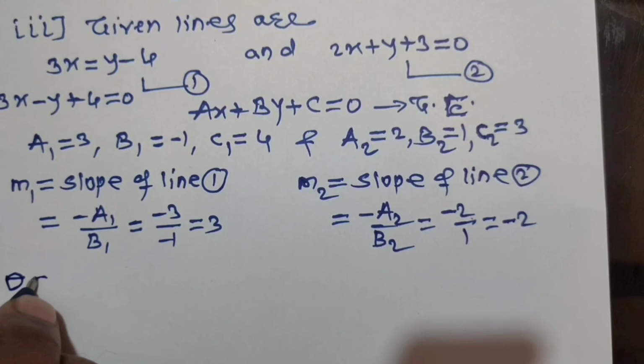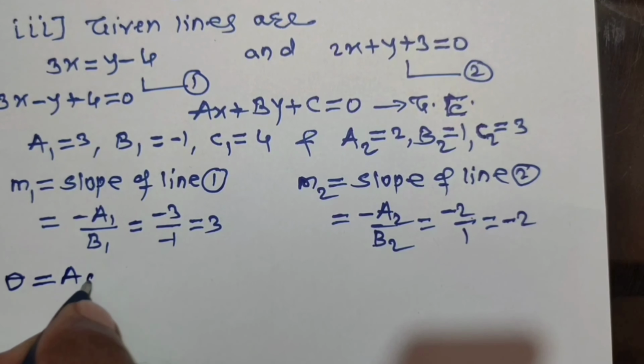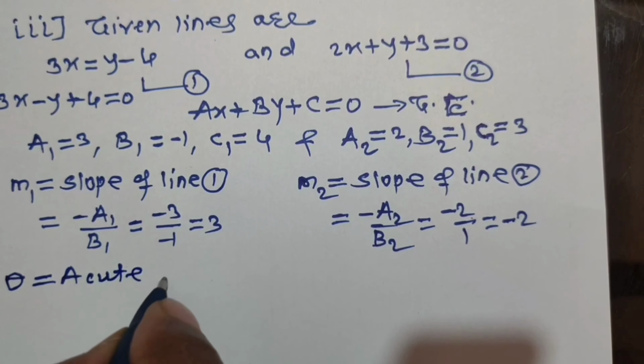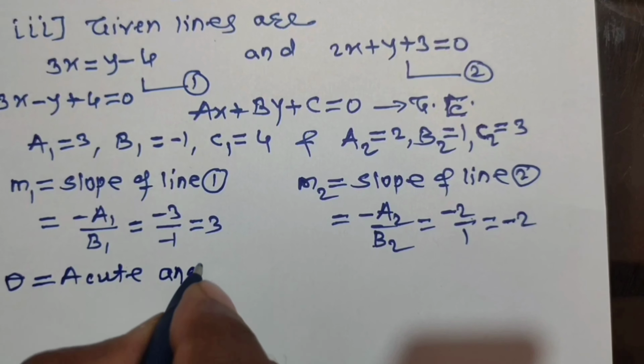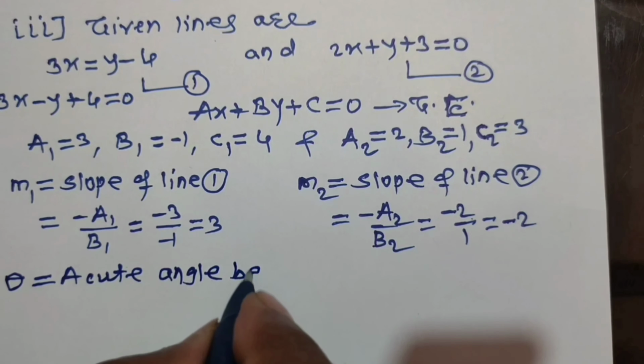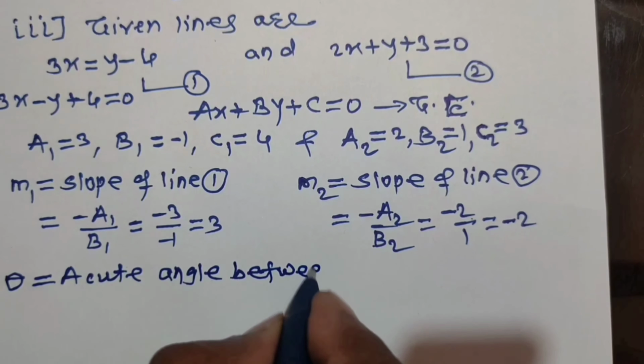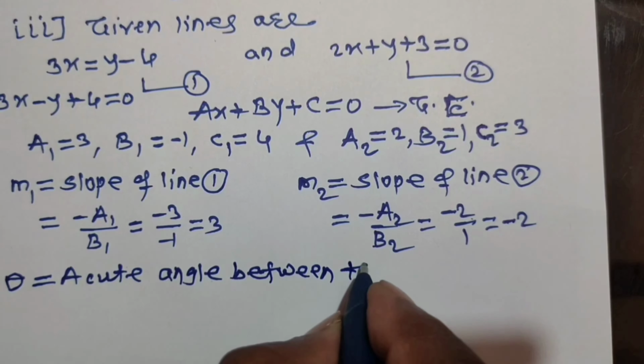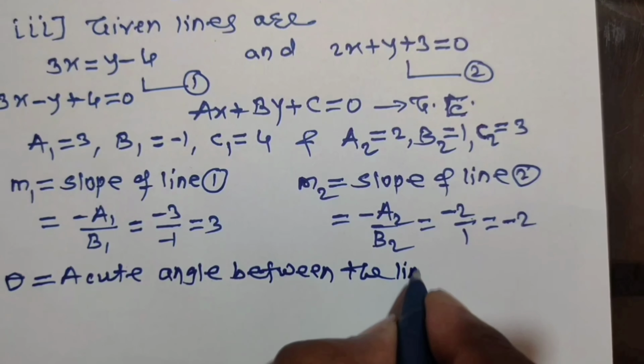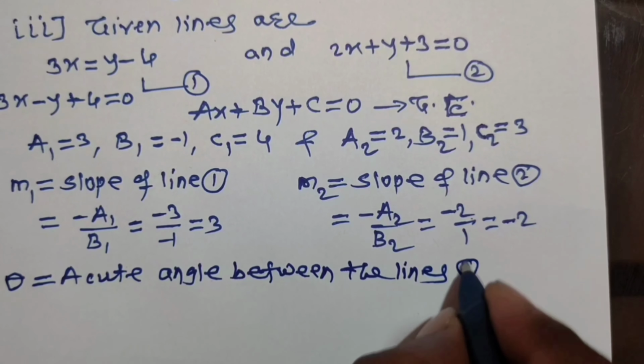We have obtained slopes of line 1 and line 2. Now consider theta is acute angle between these two lines, line 1 and line 2. Then using the formula we can find theta.